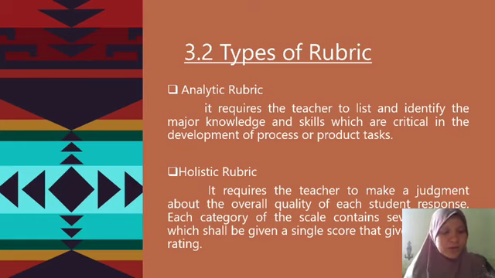With the holistic rubric, the instructor assigns a single score, usually, for example, on a 1 to 4 point scale, based on the judgment of the student's overall work.